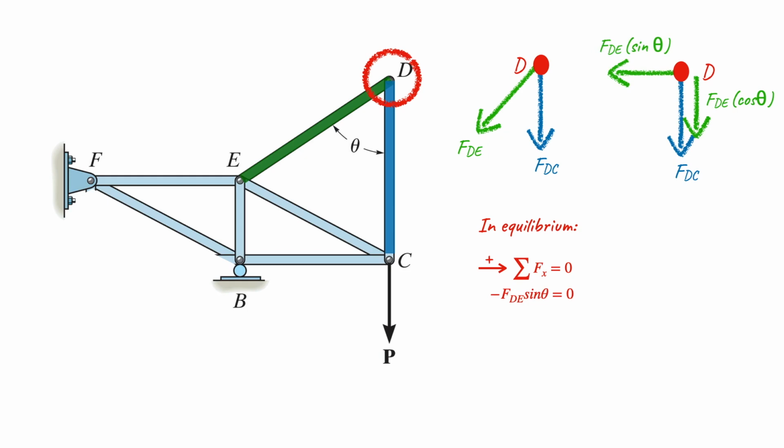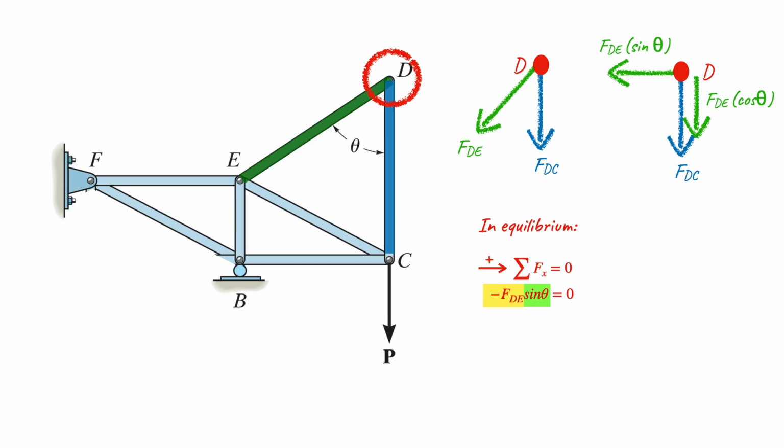But if you look at this particular equation, in order for this expression to become 0, it would either be FDE equal to 0 or sin theta equal to 0. But if you look at the truss structure image, sin theta will not be equal to 0, because theta itself would never be 0 degrees.